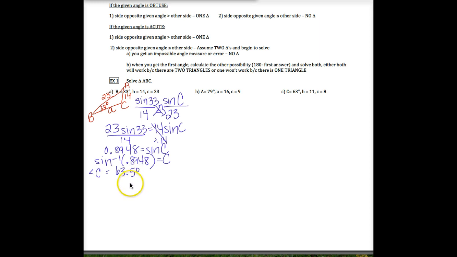Now, when there are two triangles, the way I like to do this is to always assume that there are two triangles. And the way we find the other measure is by taking 180 minus the first one. So 180 minus 63.5.